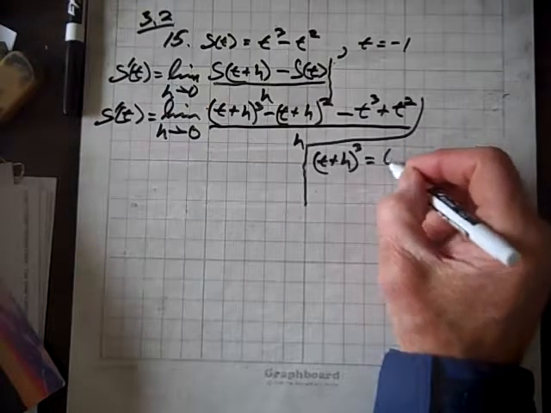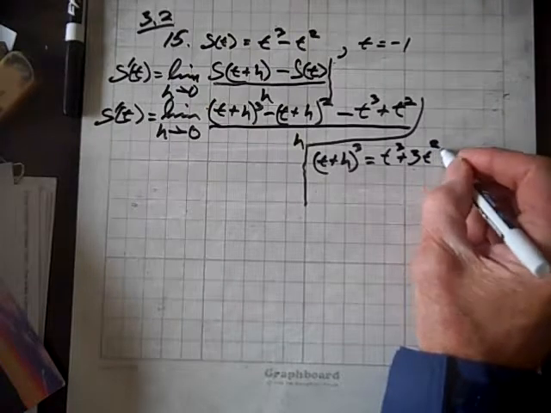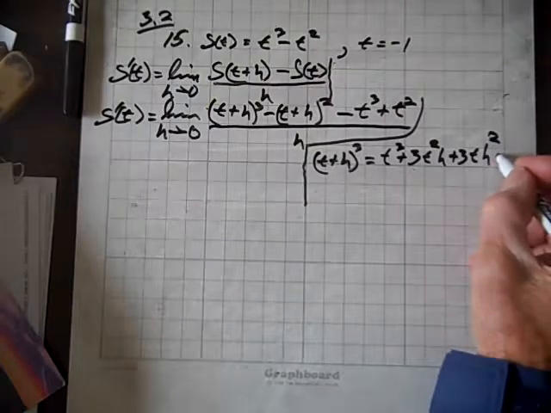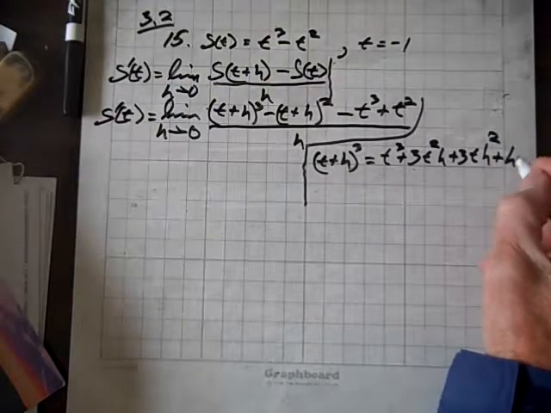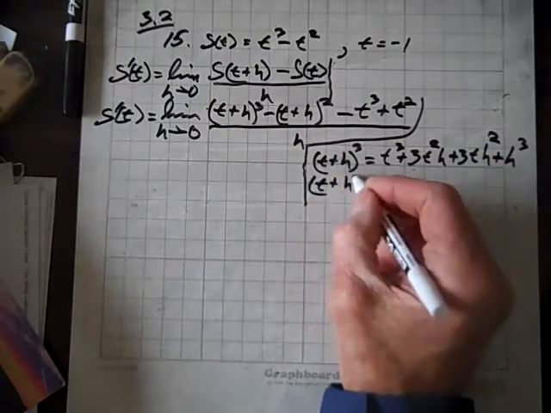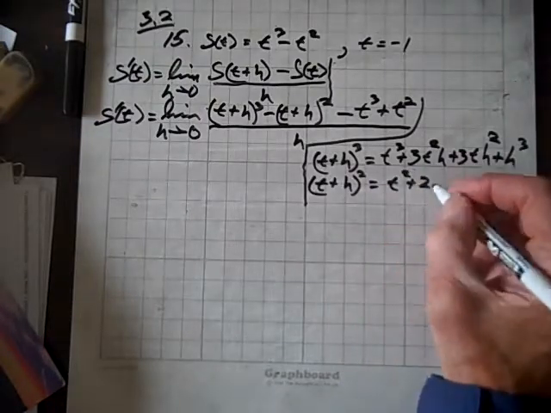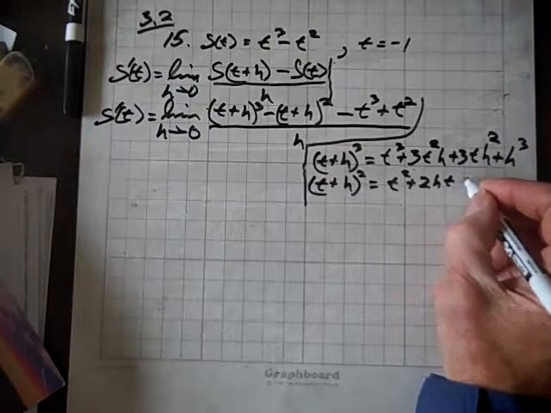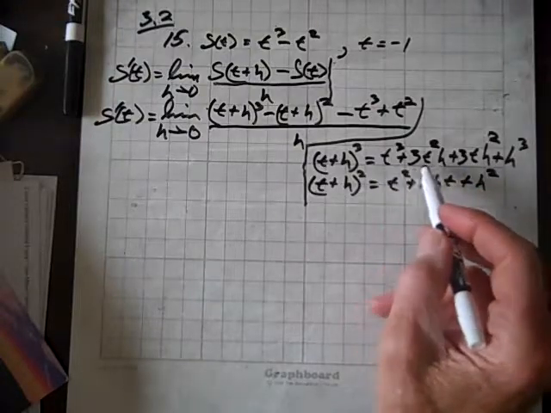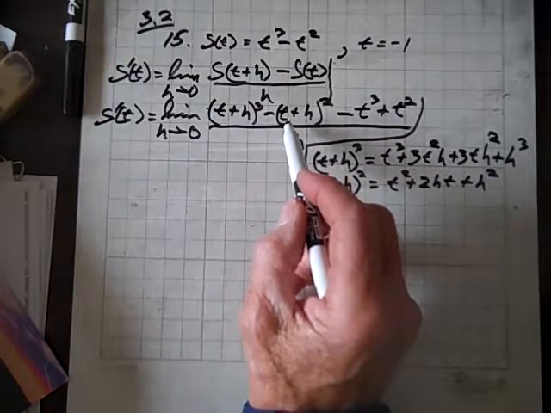And what you're going to get is t cubed plus 3t squared h plus 3th squared plus h cubed. And you also know that t plus h squared, when you FOIL that out, you get t squared plus 2ht plus h squared.